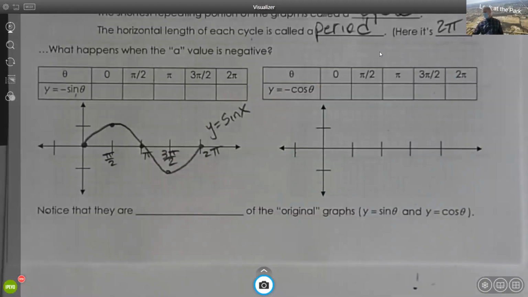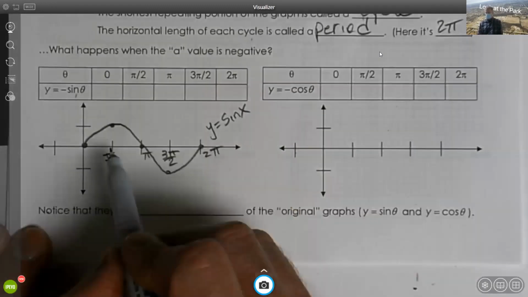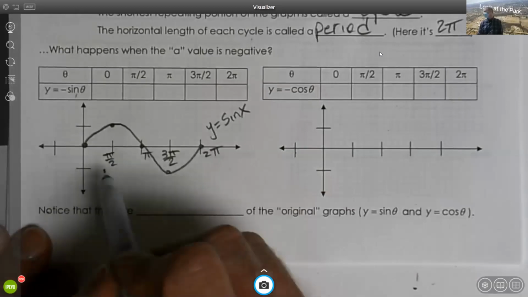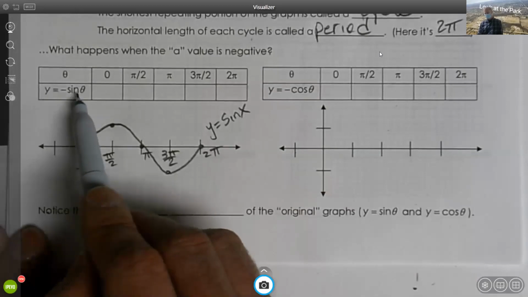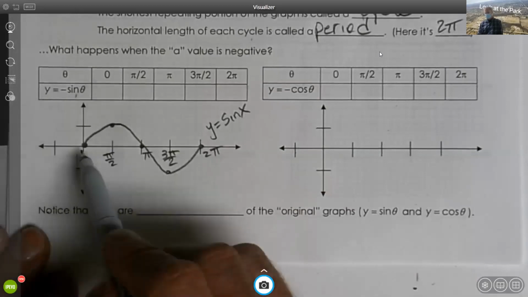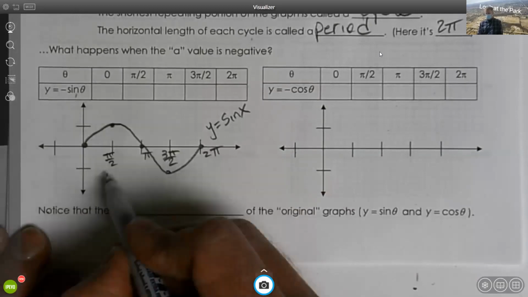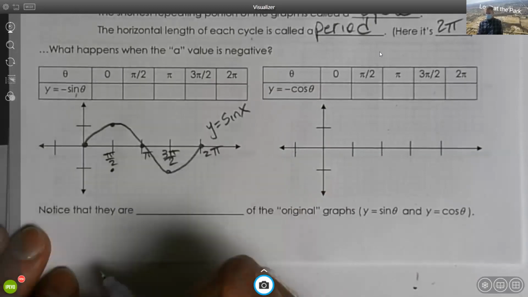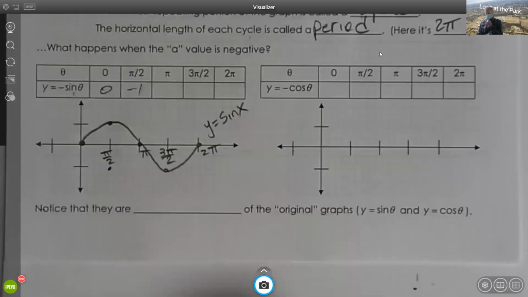And with a negative value in front of the sine, you know that we're going to multiply all of our y values by -1. So if we're working with our function y equals negative sine, at 0, we're still going to get 0. At pi over 2, we're going to come down to -1, because we multiply it by a -1.